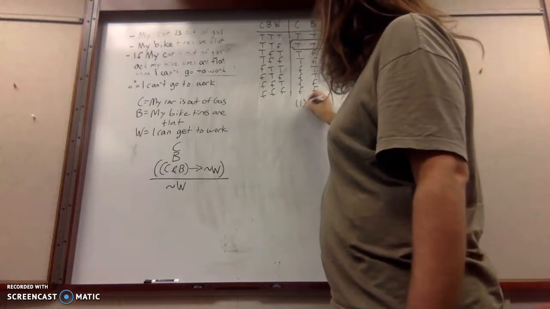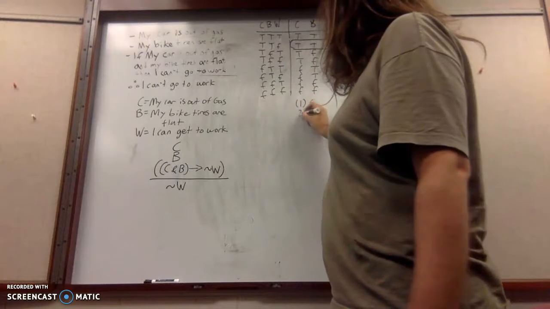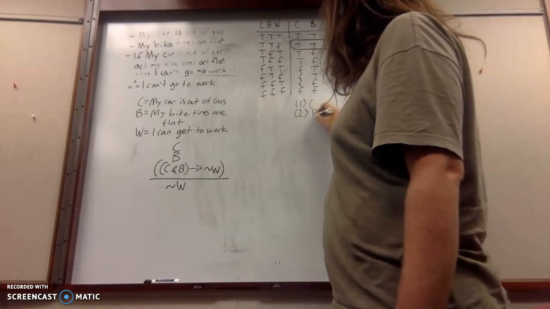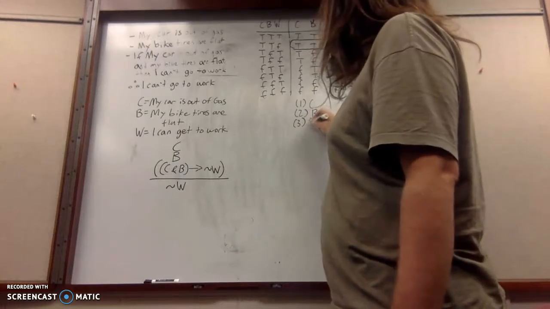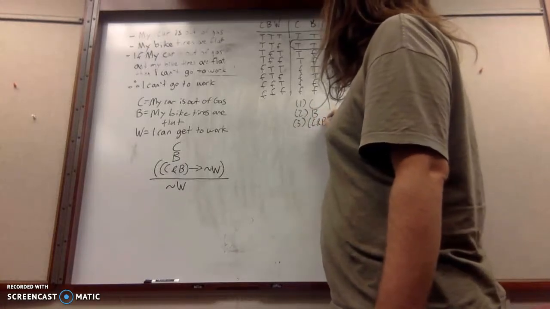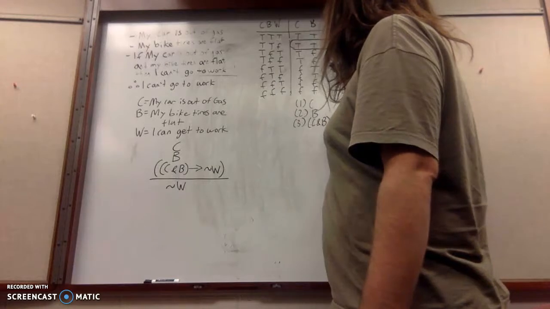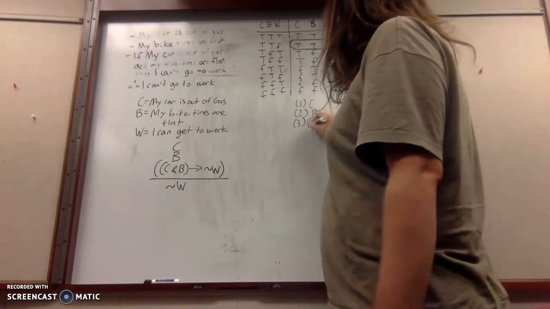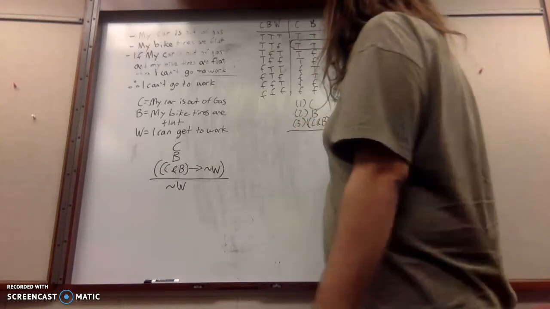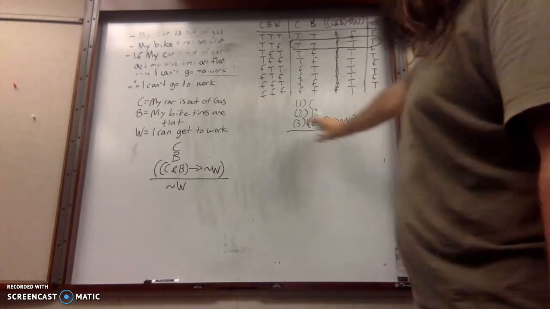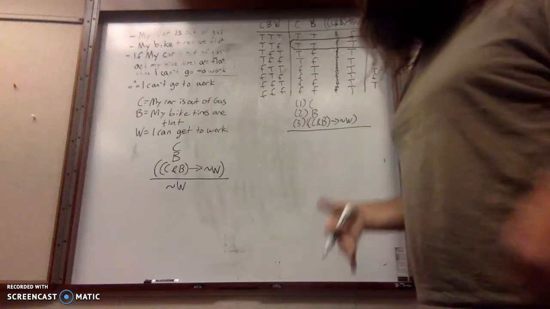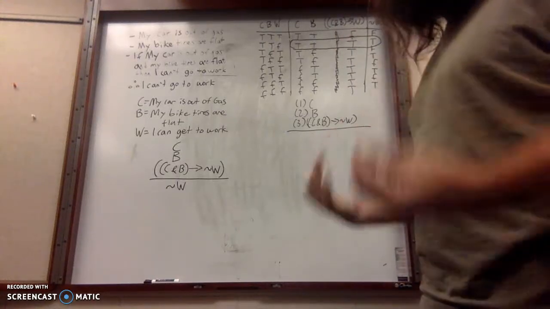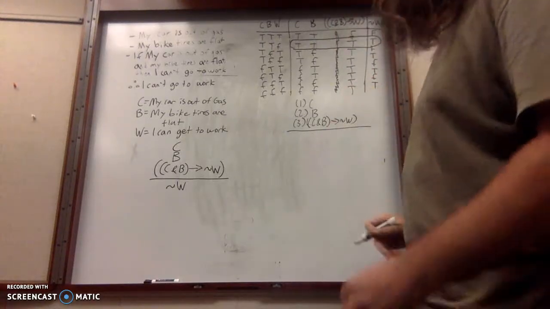First premise is C. Second premise is B. Third premise is C and B, therefore not W. I want to hold off on writing down my conclusion, because I don't know the conclusion yet. The whole point of a proof is to prove the conclusion from the premises.